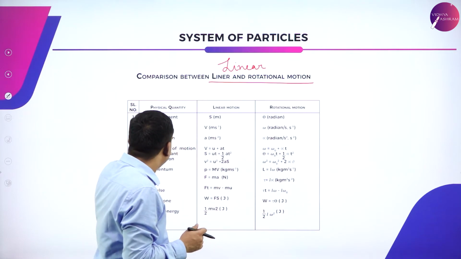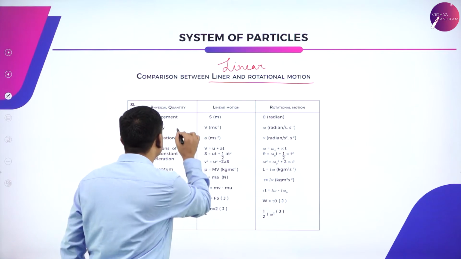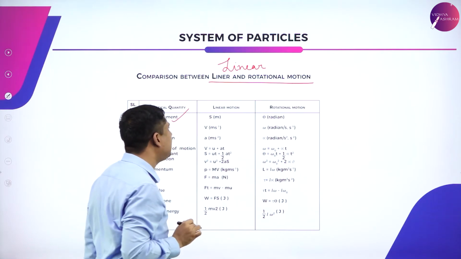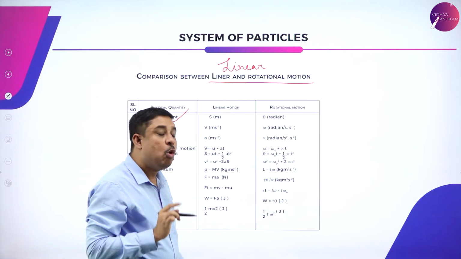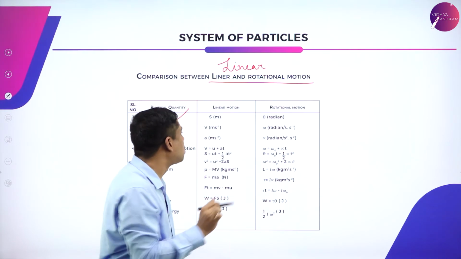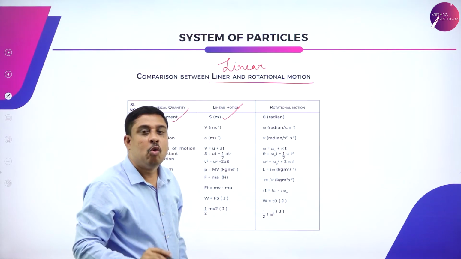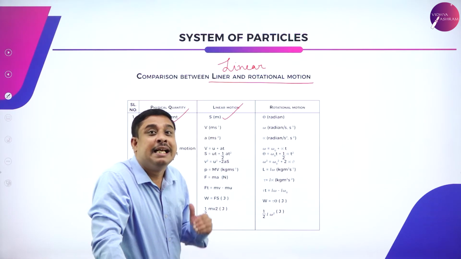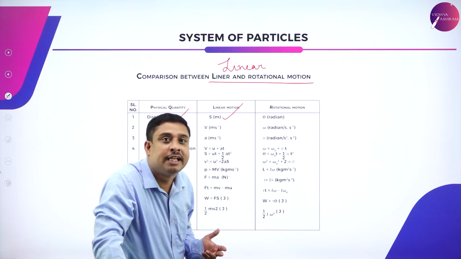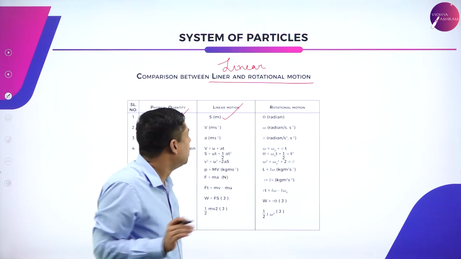Now, physical quantity, displacement. What is its unit in linear motion? Meter. What is it called in angular motion? Angular displacement.